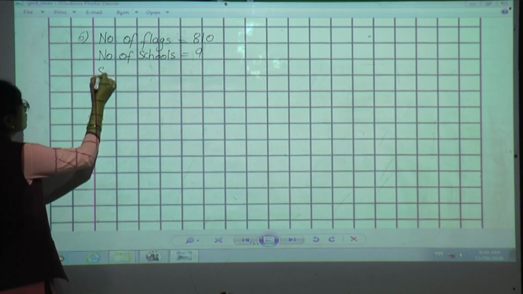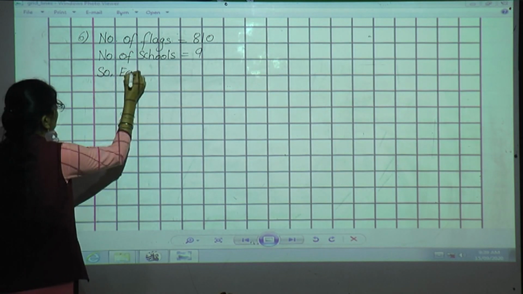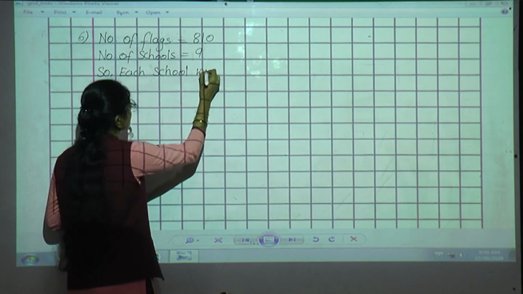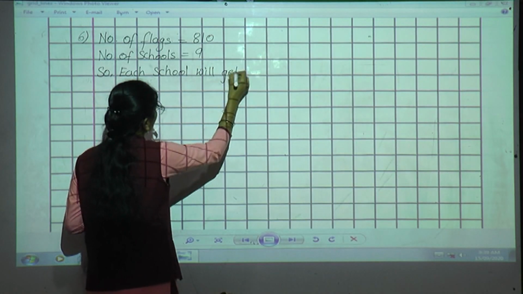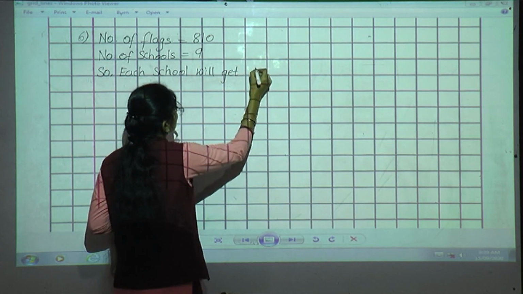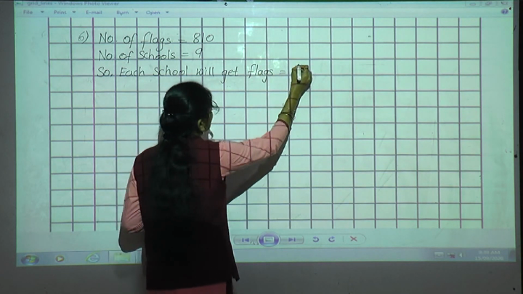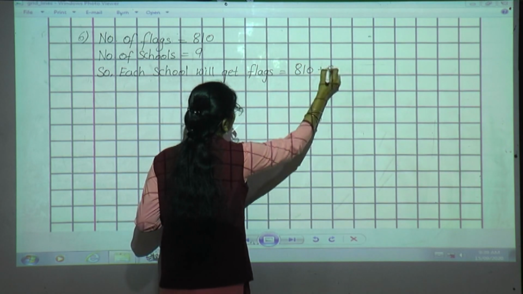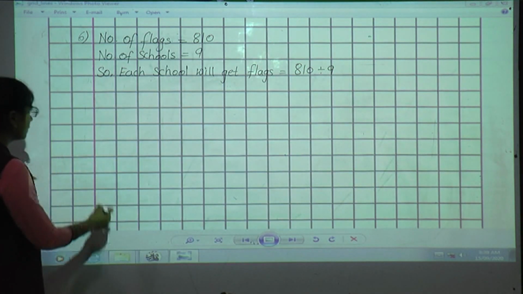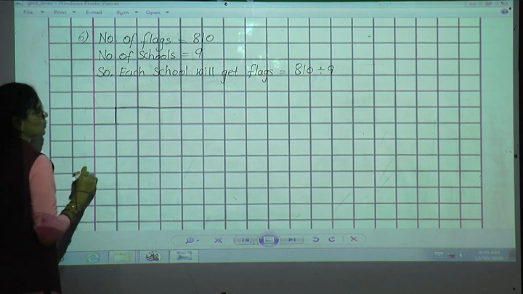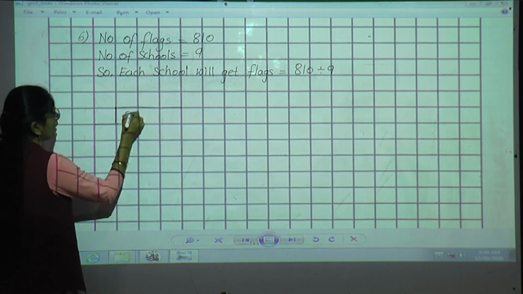So each school will get flags is equal to 810 by 9. Do the division and see how many flags in each school. 810 by 9.